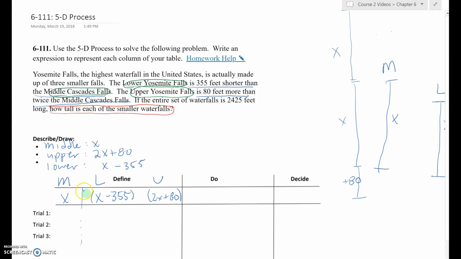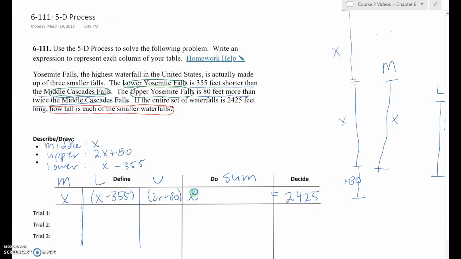And now we just need to plug in some values. What we do know is that the entire set of waterfalls is 2,425 feet long. So we're wondering if the sum is equal to 2,425. I should have done these in other colors, so let's actually do that.